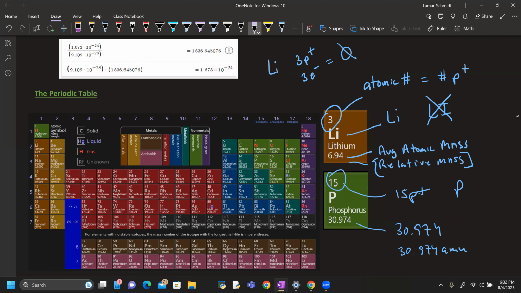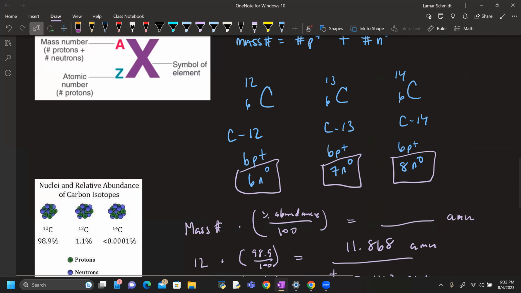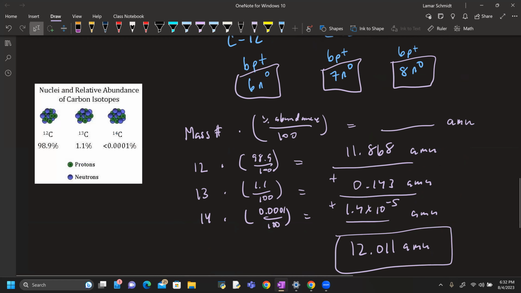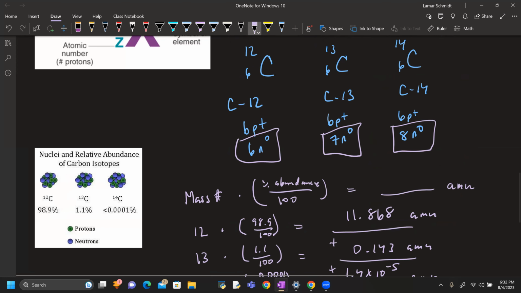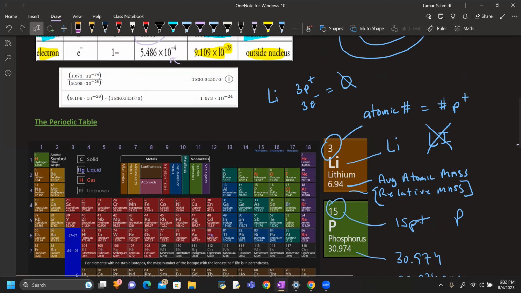So we can see that this tells us the relative mass, but we're not necessarily concerned about it saying atomic mass units. If I asked you what is the average atomic mass, then you would say that value using the expression atomic mass units. All right. And so I don't want to make that a big point, but I just want you to understand why we don't see the units on the periodic table. And this is going to come into play a little bit later on.